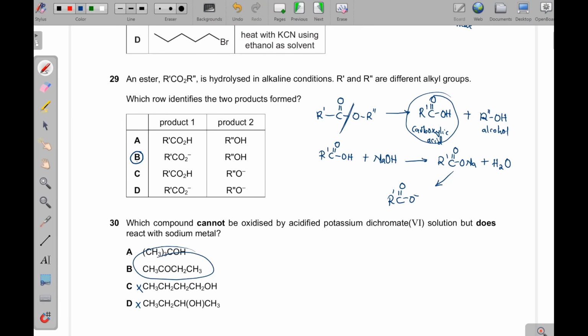So we have to look here. Okay, these two cannot be oxidized by this oxidizing agent. But then they are saying one of these ones here, it reacts with a sodium metal. That is an alcohol.